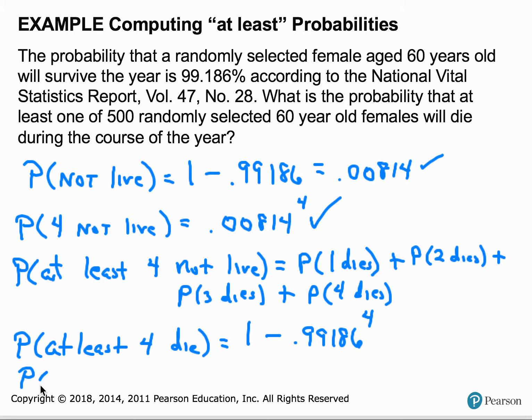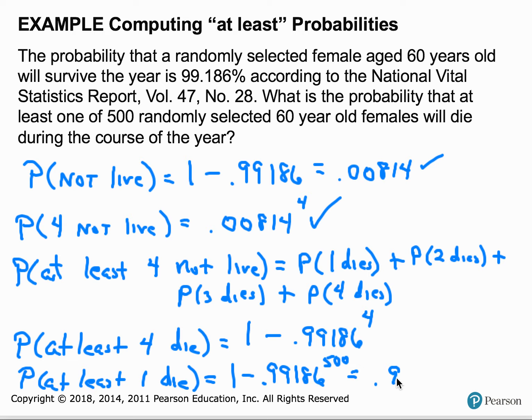So if I want to know the probability that at least 1 of 500, right? Probability at least 1 of 500 die. It's going to be 1 minus 0.99186 to the 500. Okay, let's look at that. 1 minus 0.99186 to the 500 power.